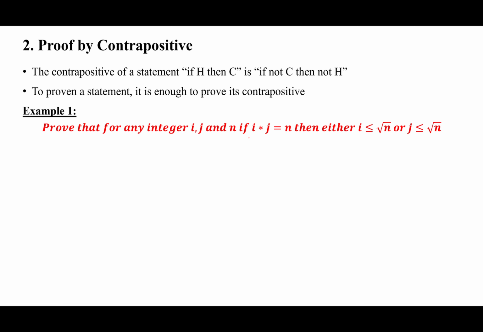Here the given statement is, if i times j is equal to n, then either i is less than or equal to root n or j is less than or equal to root n. What is the contrapositive of the statement?